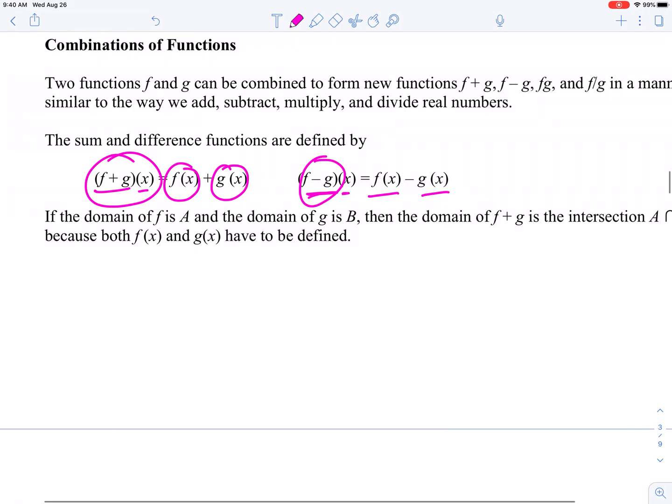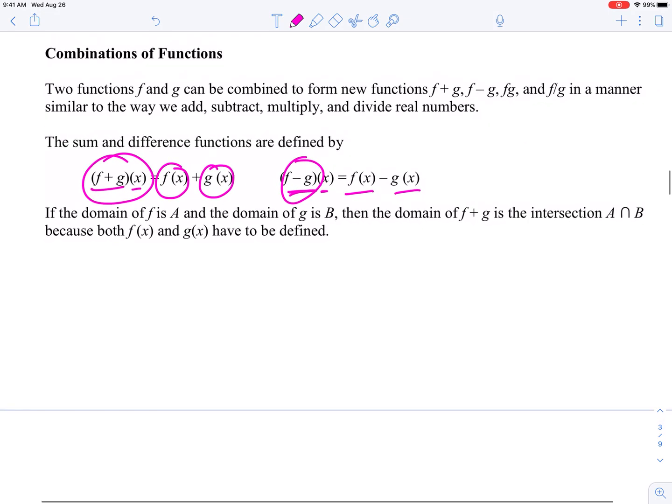If the domain of f is A and the domain of g is B, then the domain of f plus g is the intersection of A and B. So remember, intersection means the overlap. If you're going to add or subtract two functions, the new domain is the overlap, the intersection, of the original two domains.